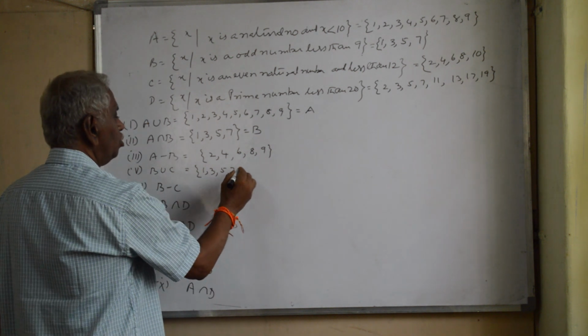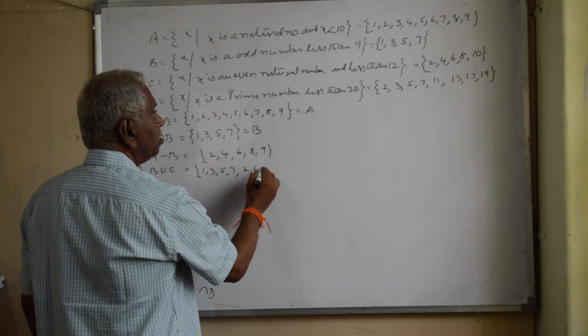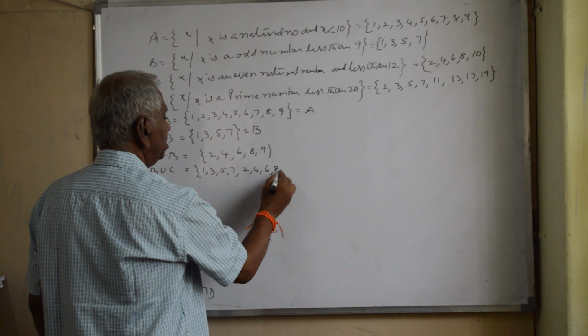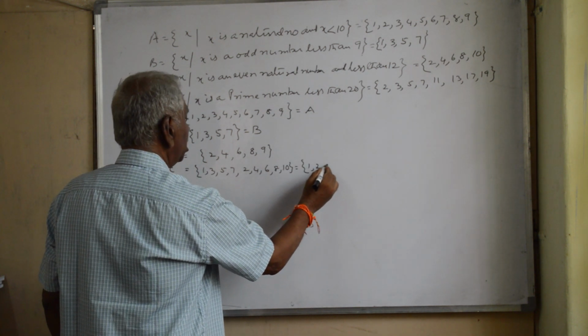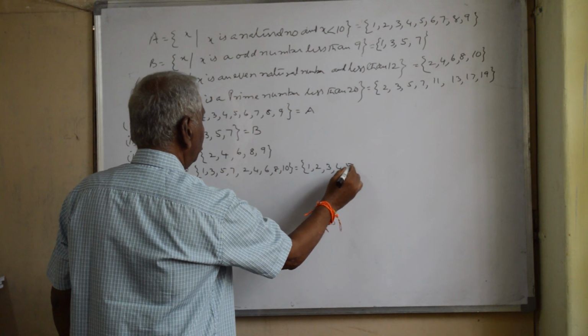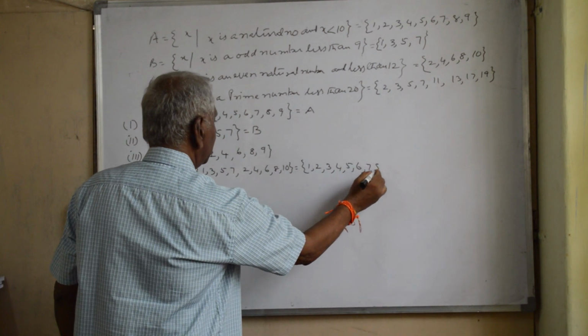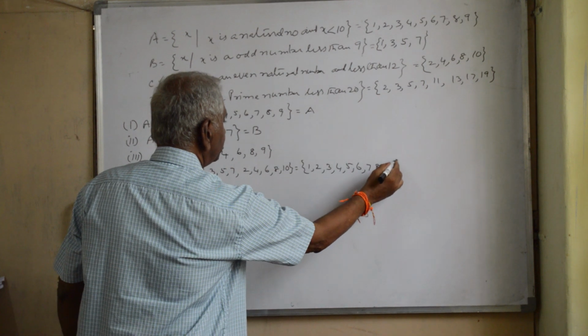Apart from that, 2, 4, 6, 8, 10. You can write them in order: 1, 2, 3, 4, 5, 6, 7, 8, 10.